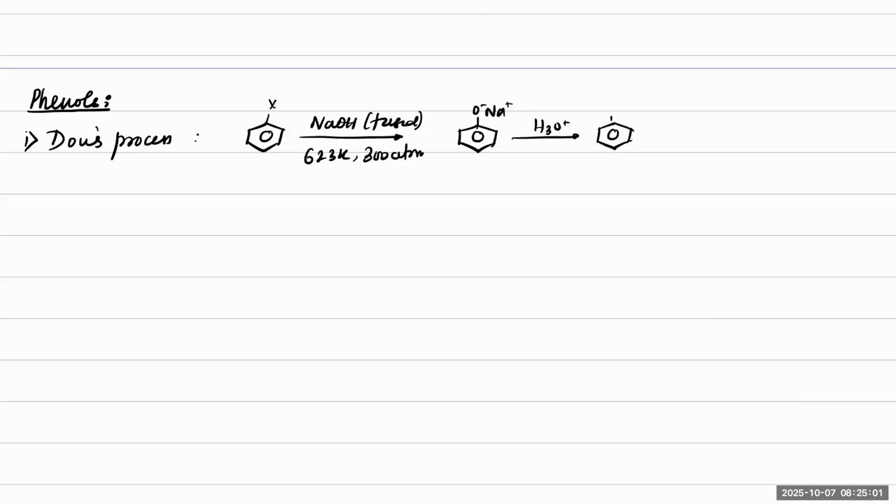Got it? The same thing can be done with diazonium salt as well. That is NH2 with HNO2 will give us N2 plus, and that when you react with H2O and heat, you will get OH here, right?